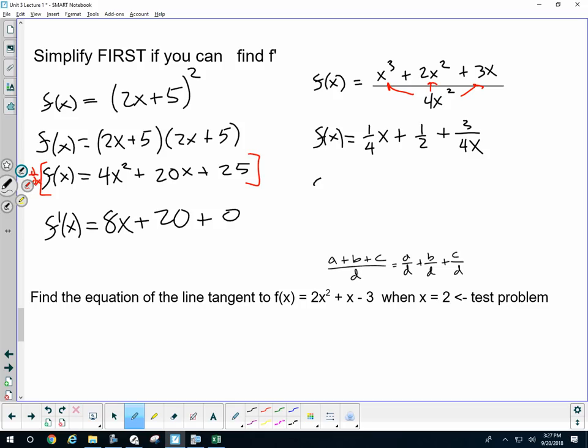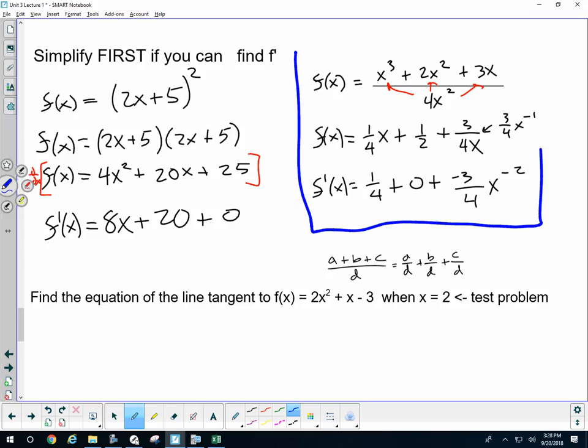Now you take the derivative. You get 1/4 plus 0 plus, like this is 3/4 x to the negative first, negative 3/4 x to the negative second, or negative 3 over 4x squared. I'll tell you right now, you will see a quiz problem like this. Next class. And then the remaining problems, you'll see quiz problems like this guy.